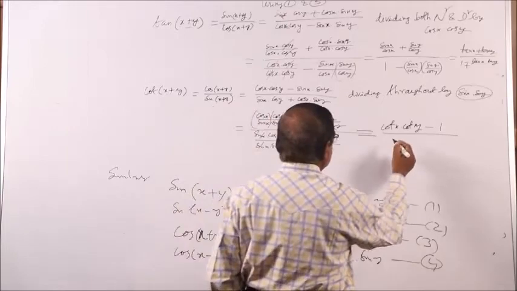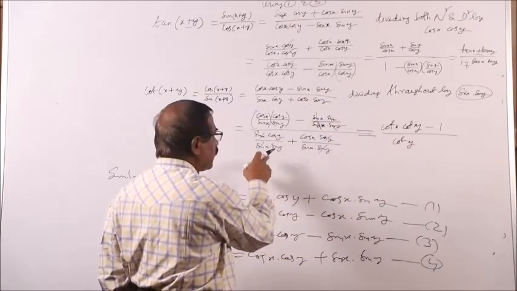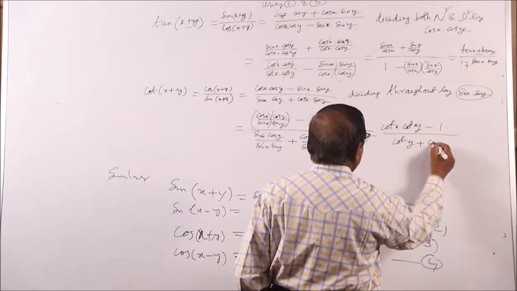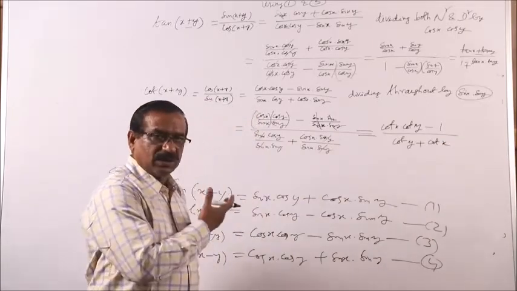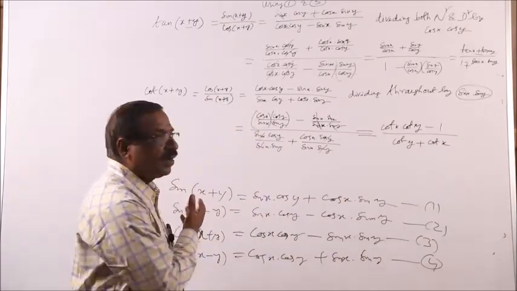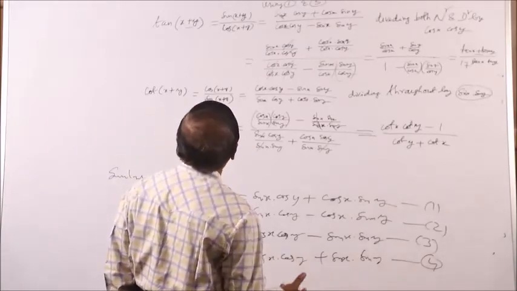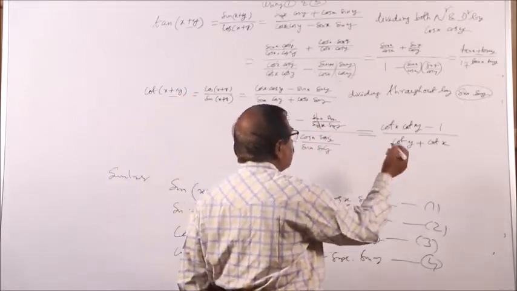So, this is cot y, because cos y by sin y is cot y, plus cot x. Here we have derived the formula for cot(x plus y). Now, we will derive the formula for cot(x minus y). Likewise, here ultimately these symbols will change.